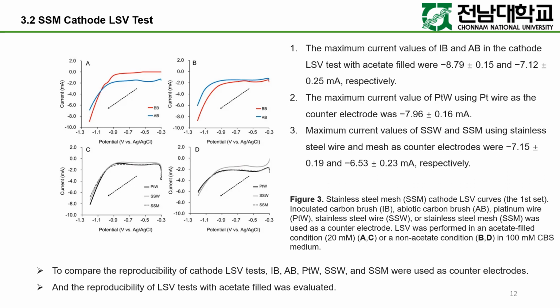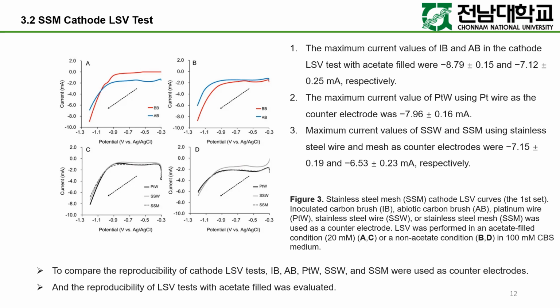A cathode LSV test was practically performed without acetate filled, unlike an anode LSV. However, the reproducibility of LSV tests with acetate filled was evaluated in Figure 3. The maximum current values of IB and AB in the cathode LSV test with acetate filled were -8.79 ± 0.15 and -7.12 ± 0.25 mA, respectively.